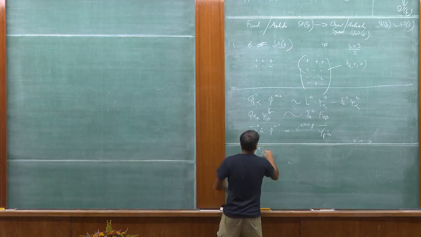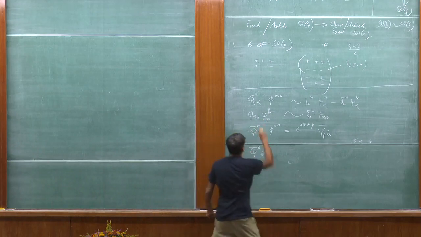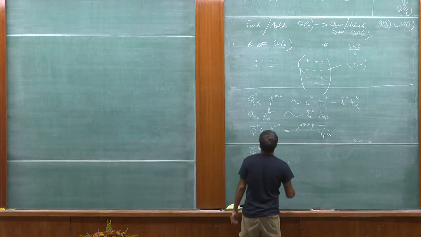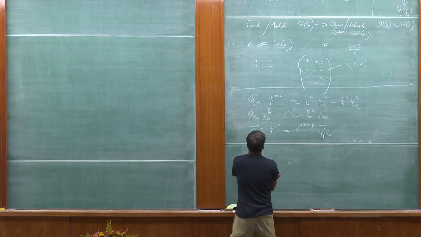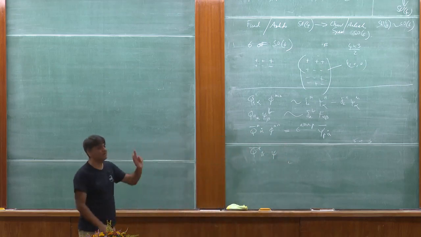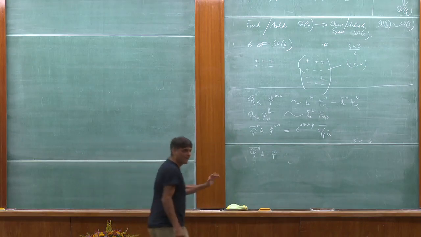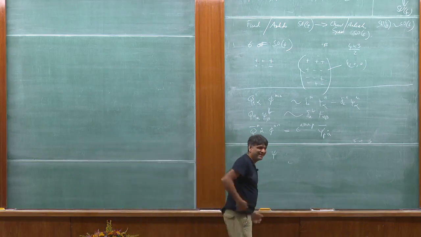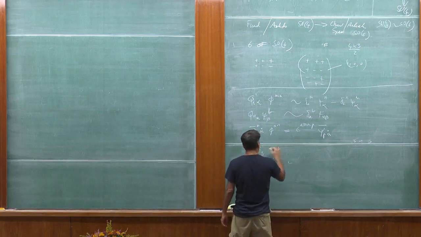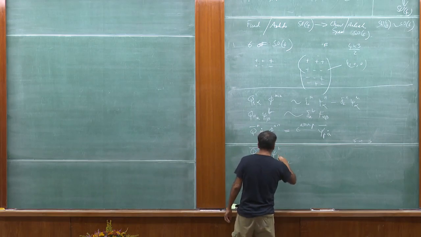Q bar A alpha dot on psi. Equivalently, I could have looked at Q on psi bar, but okay, let's look at Q on psi. Okay, this psi has a B and beta.